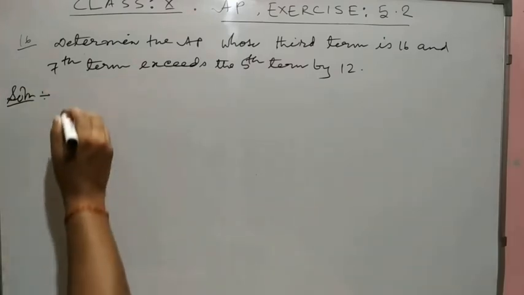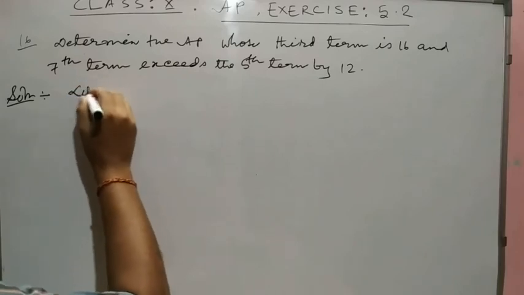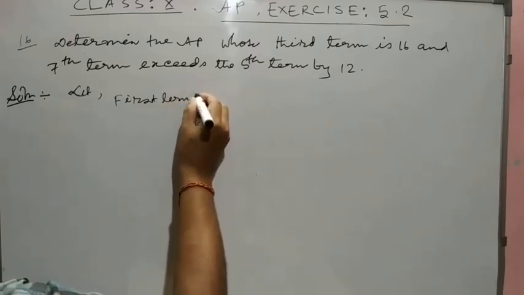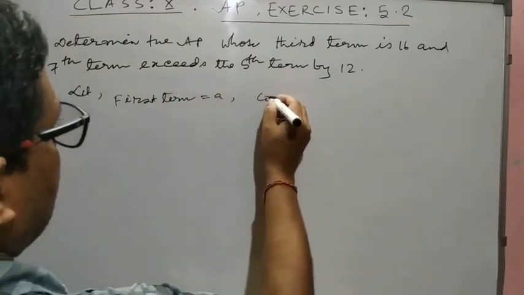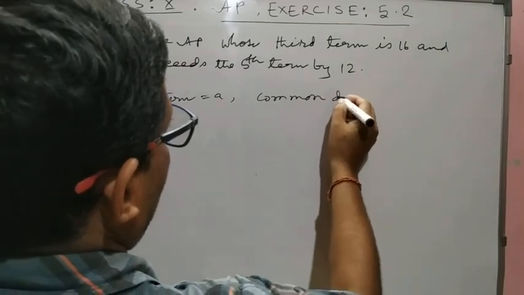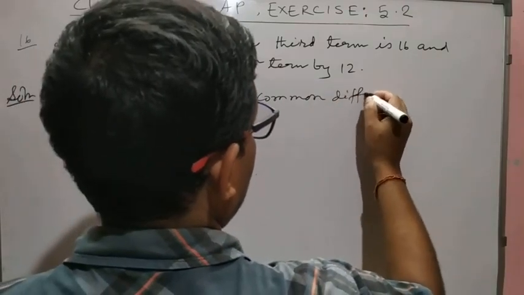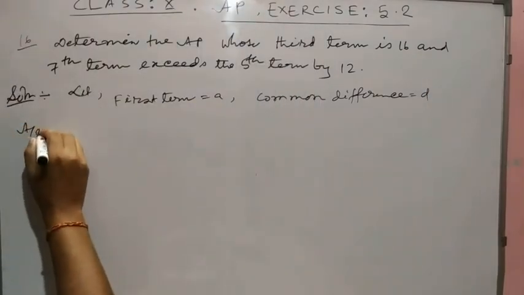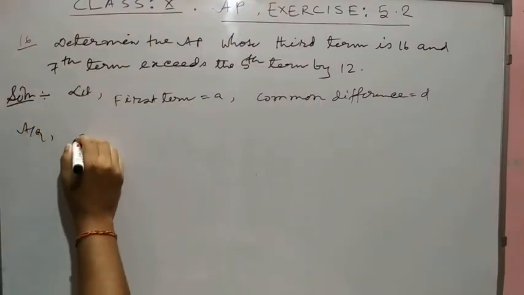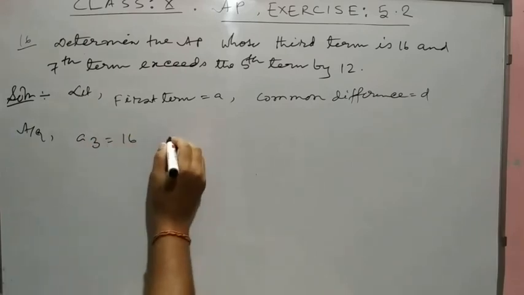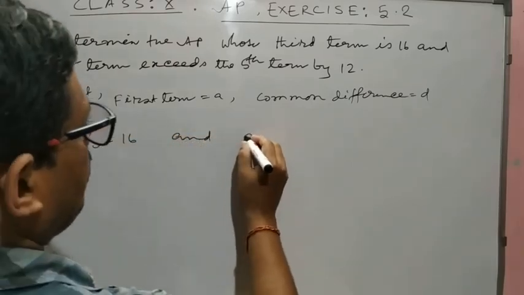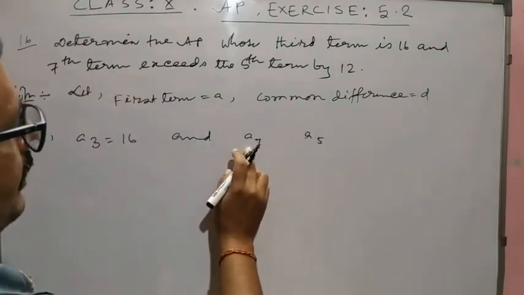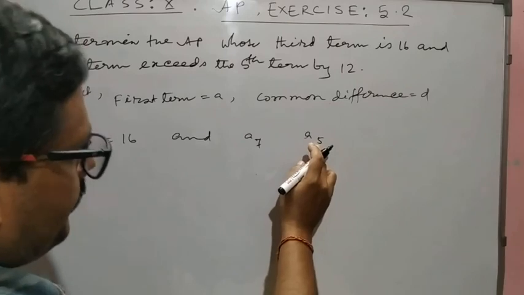So for this, let first term equal to a, common difference equal to d. So according to the question, third term a3 equal to 16, and the 7th term is more than the fifth term by 12.